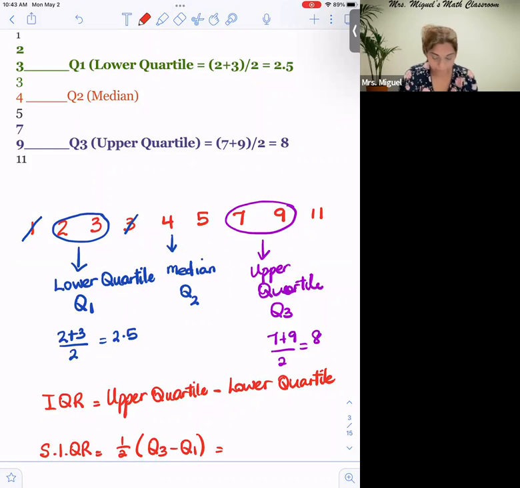All right, we have some values. What is the interquartile range?